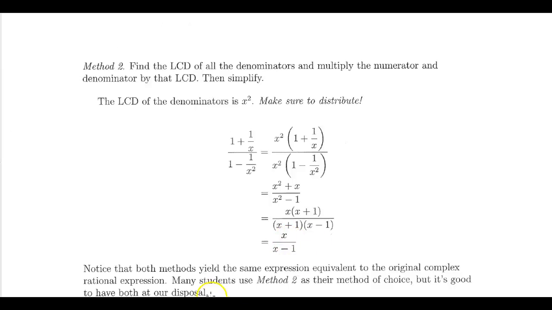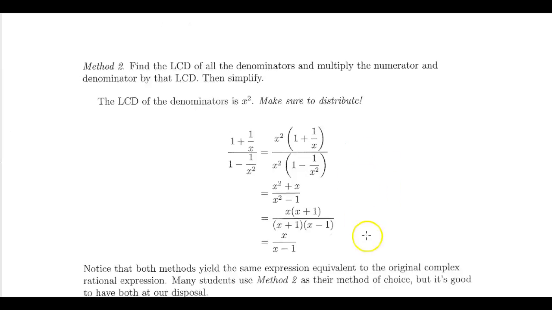And many students use method 2 as their method of choice. It's good to know both methods, but I also agree that method 2 is a little bit easier. It goes a bit quicker. And it's also a similar method as to when we solve equations in the next lesson that have rational expressions.